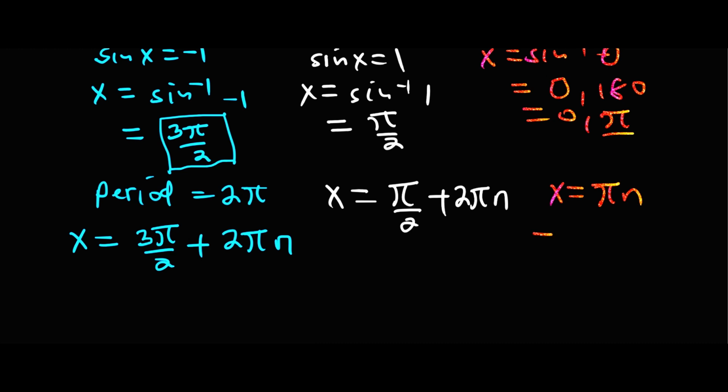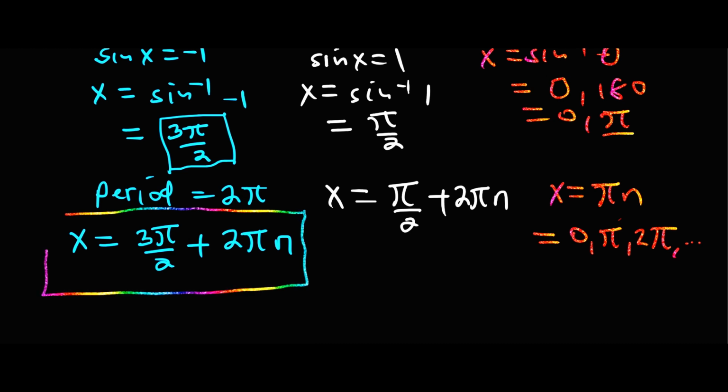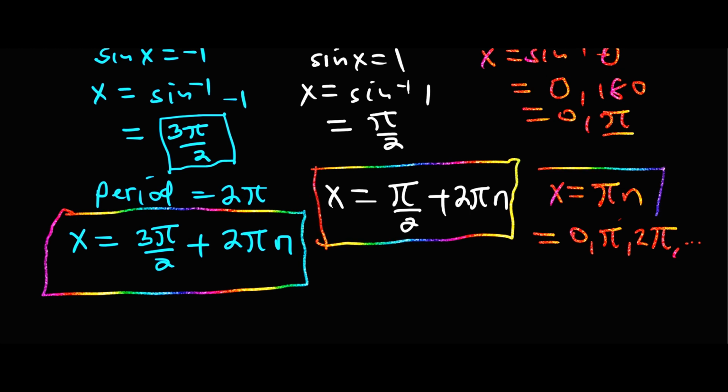For this case, x will be 0, pi, 2 pi, like that, depending on the number of circles that are taken around the unit circle. So the first value of x will be this, the second value of x will be given by this, and the third value of x can be given by that.